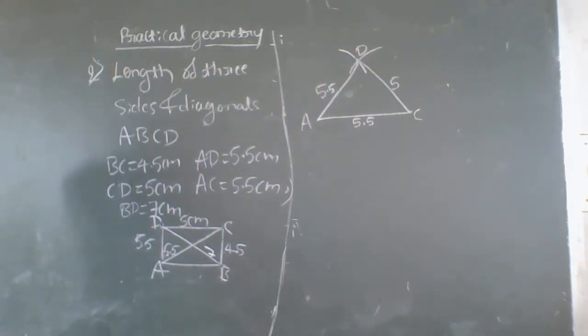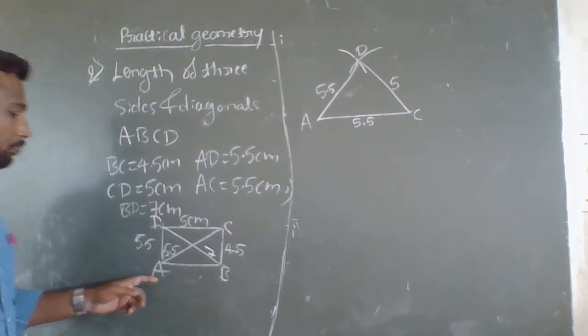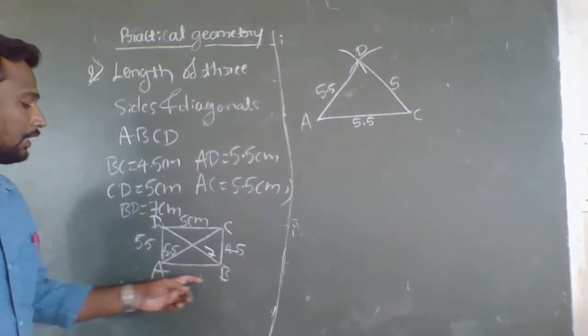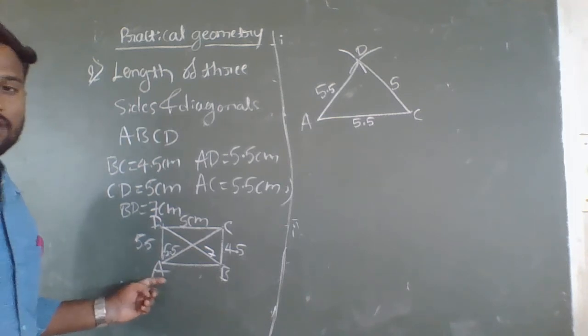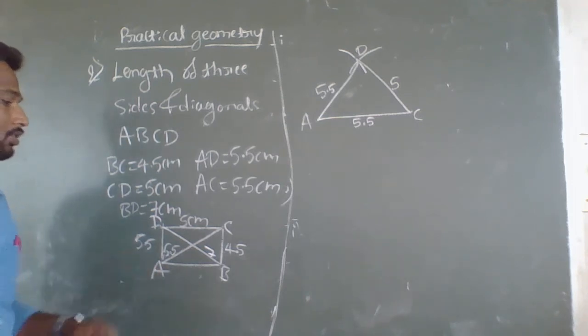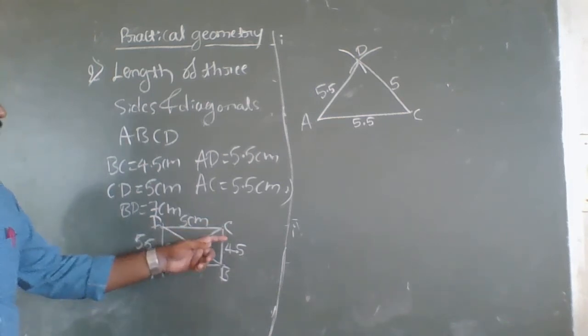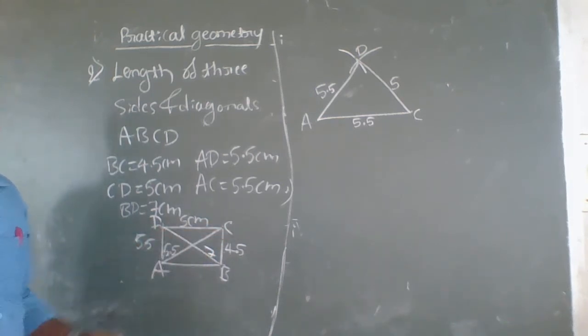So now the remaining is point B. From point A, they have not mentioned any length. They have not given the length of AB. So first I will consider the length of CB. From point C it is 4.5 centimeters.